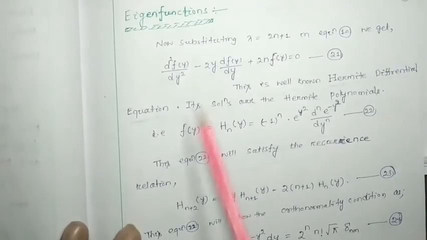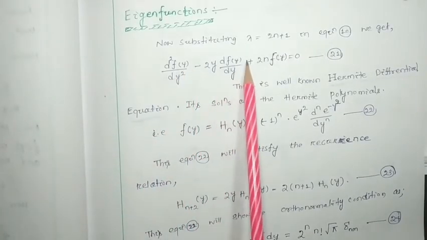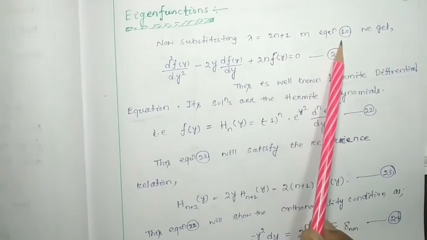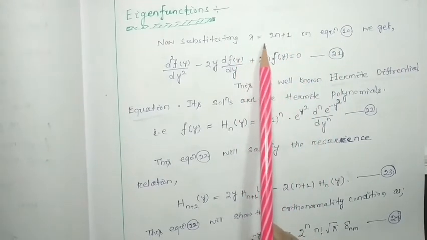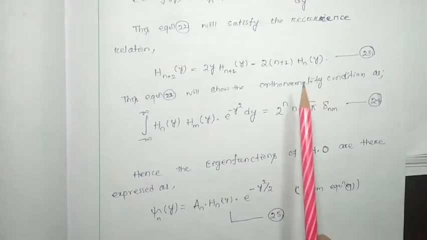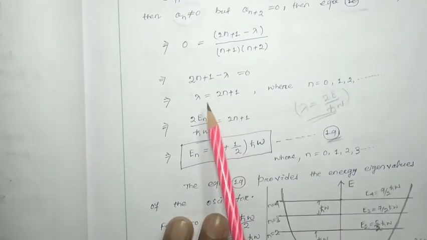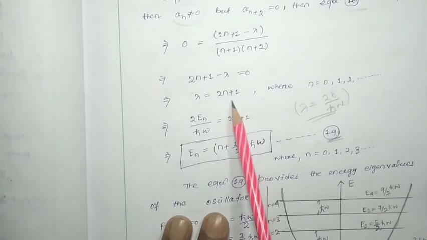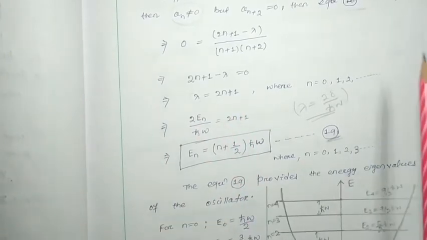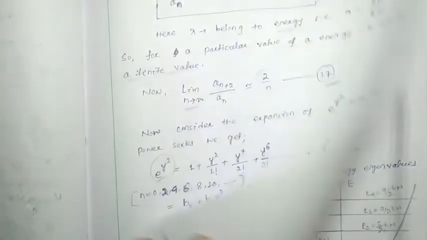So now we have to consider equation number 10 and substitute the lambda value. How much did we find? We found lambda is equal to 2n plus 1. Now this 2n plus 1 I am going to substitute in our main equation, equation number 10.